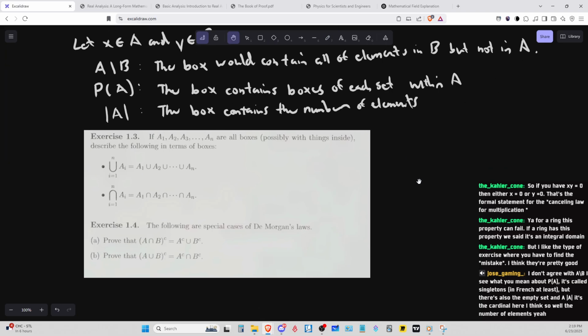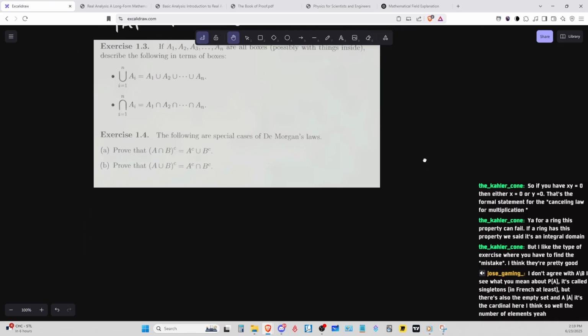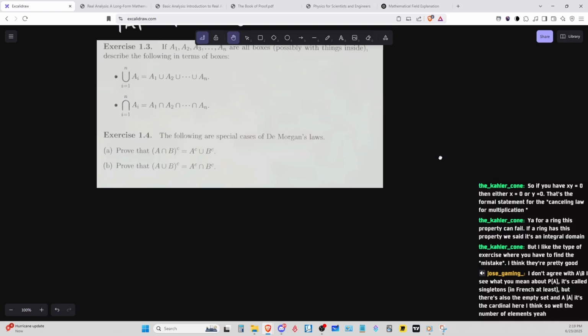Thank you for pointing that out, Jose. But there's also an empty set and A. Its cardinality here, I think so. The number of elements of, yeah. Okay. Well.